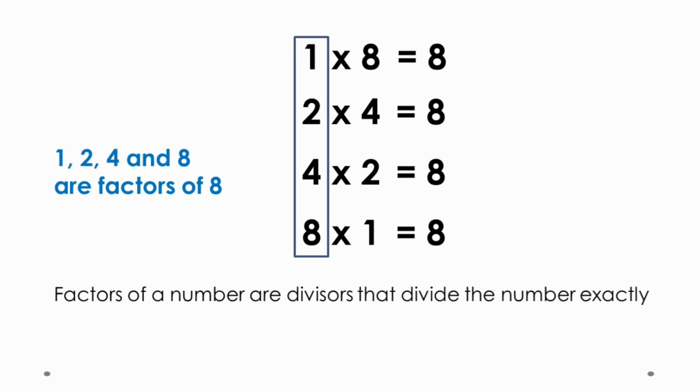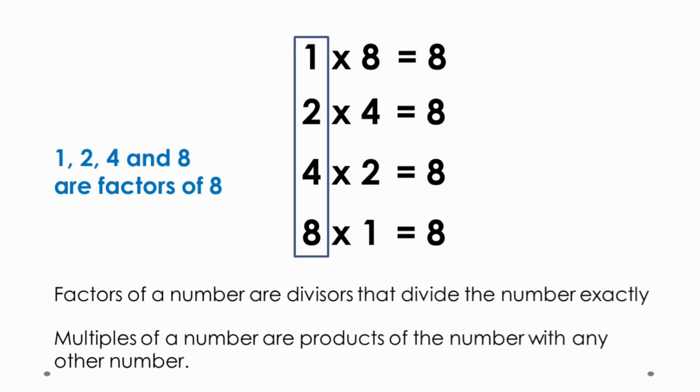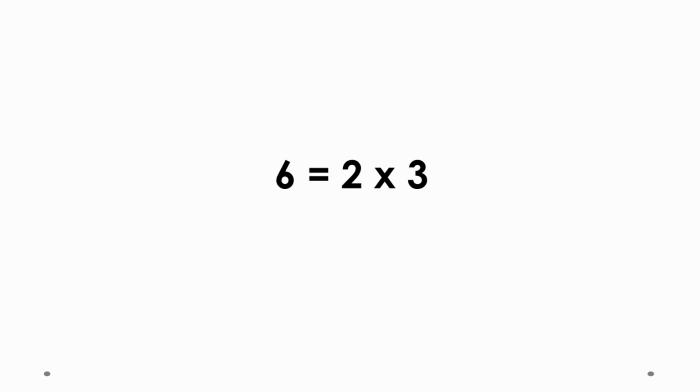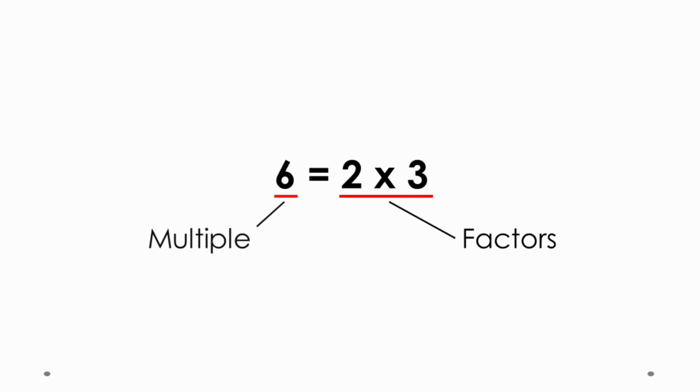Factors of a number are divisors that divide the number exactly. Multiples of a number are products of the number with any other number. So, for a number like 6, that can be represented as 2 into 3. 2 and 3 are factors of 6, and 6 is the multiple of 2 and 3.